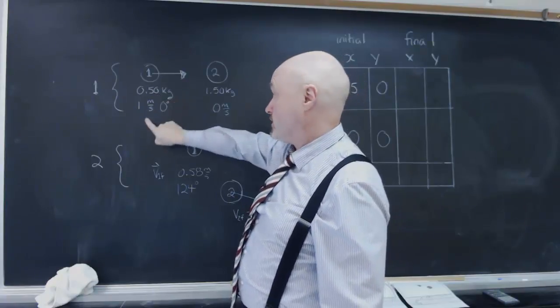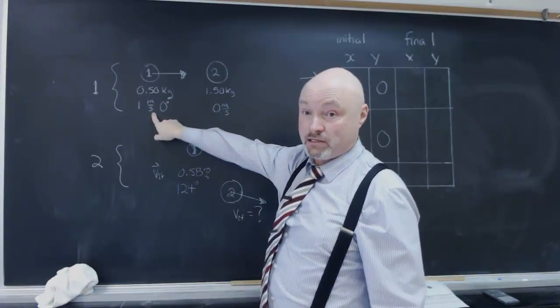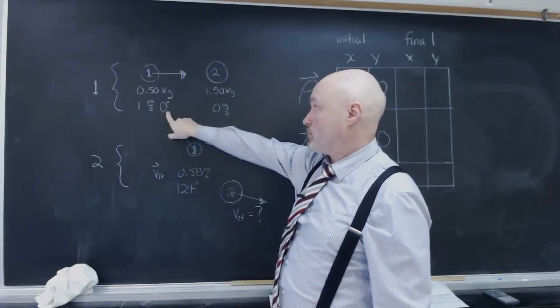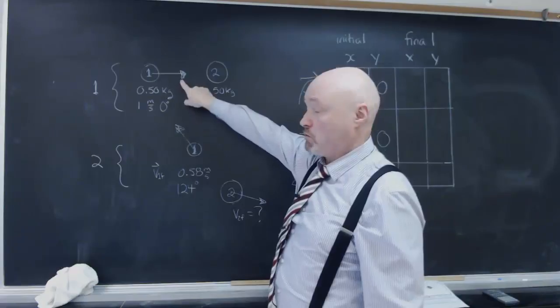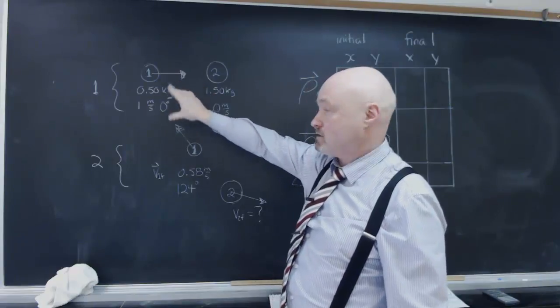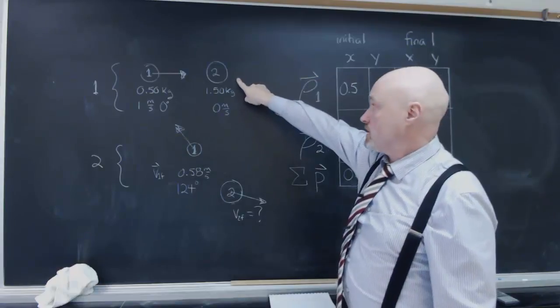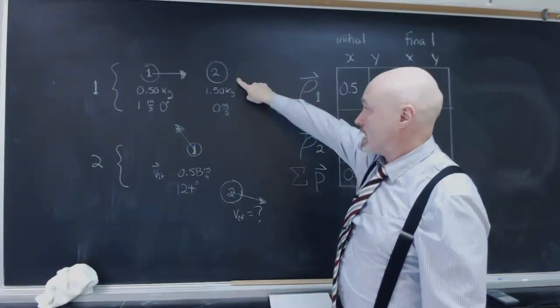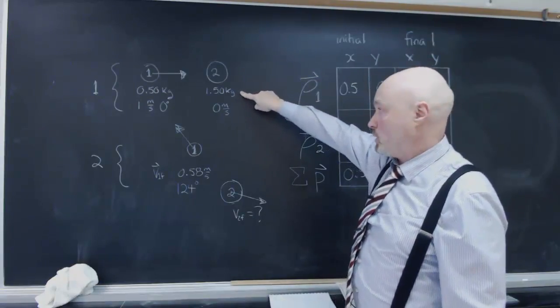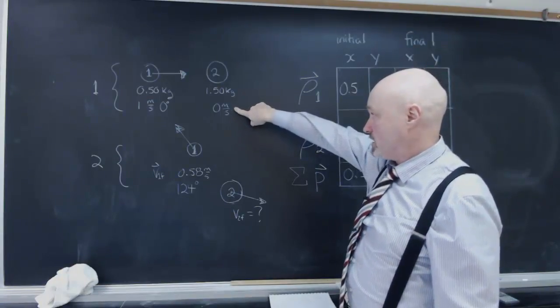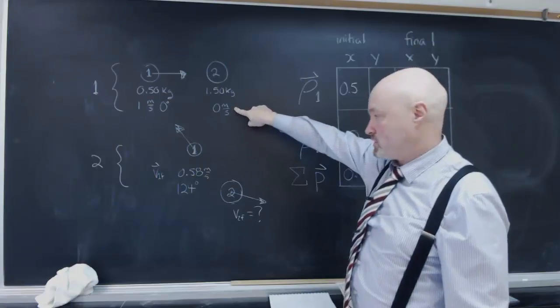mass of 1/2 a kilogram and an initial velocity of 1 meter per second at 0 degrees relative to the positive x-axis. We're doing our directions based on the Cartesian plane. It's going to strike, slightly off center, a second ball with a mass of 1.5 kilograms that's stationary, with a velocity of 0 meters per second.